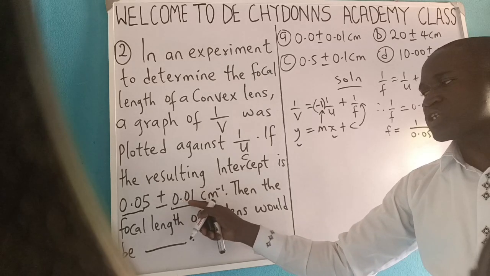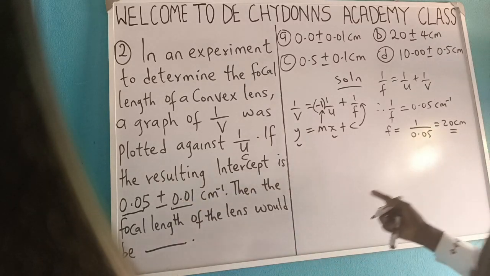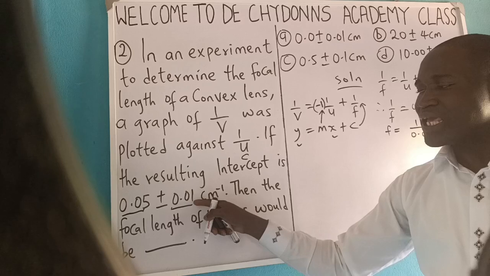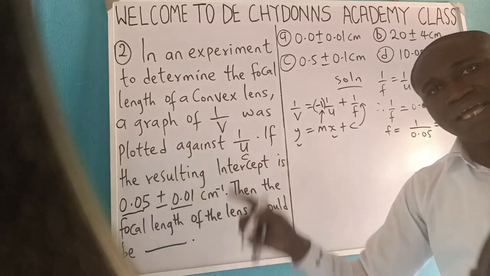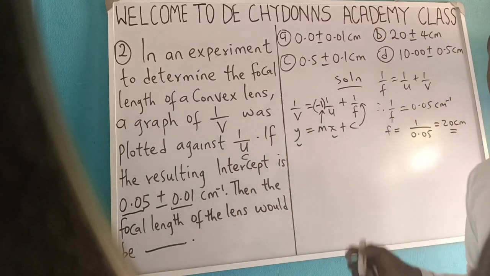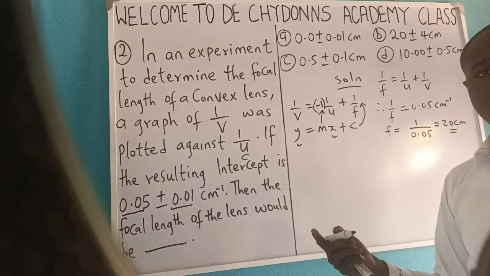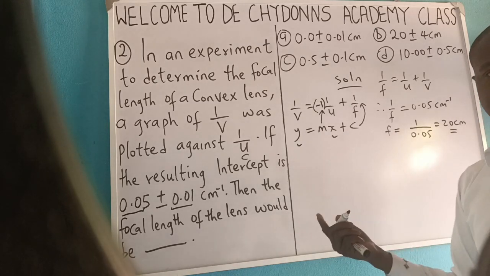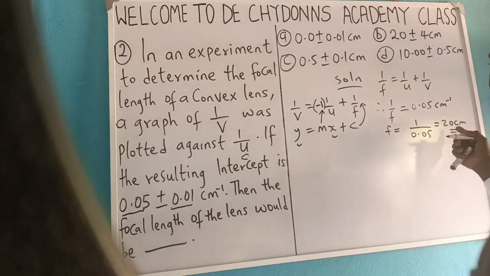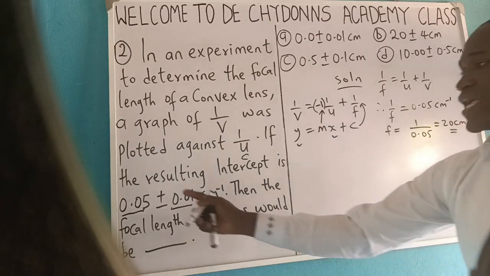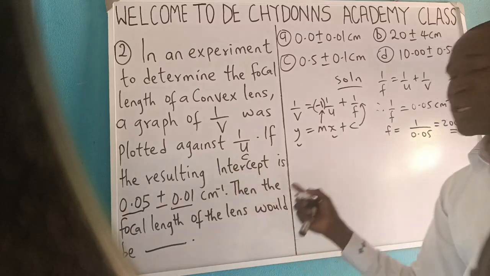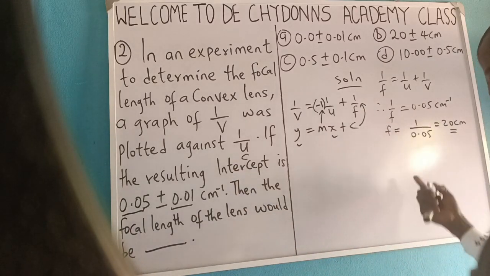They say 0.01. Then, we need to use this error in getting the intercept to get the error in getting this focal length. We have gotten the focal length, but what error of the focal length do we have? We don't know. We cannot just write 20, because here they gave you the error in getting the intercept. So we need to get the error in getting the focal length.